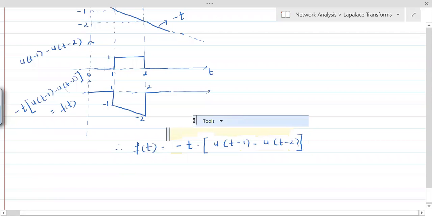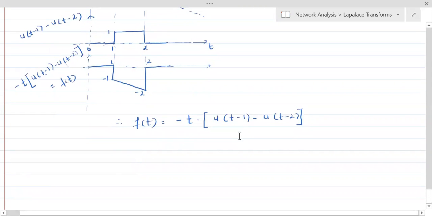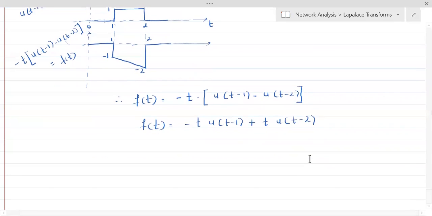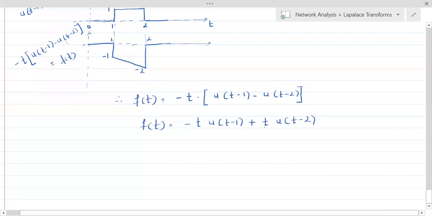Now again bring this to the standard form as we have done with the other functions earlier. F of t is now minus t into u of t minus 1, then minus into minus plus t into u of t minus 2. Both are invalid functions, so we need to make them valid, by turning this into t minus 1 and this into t minus 2.